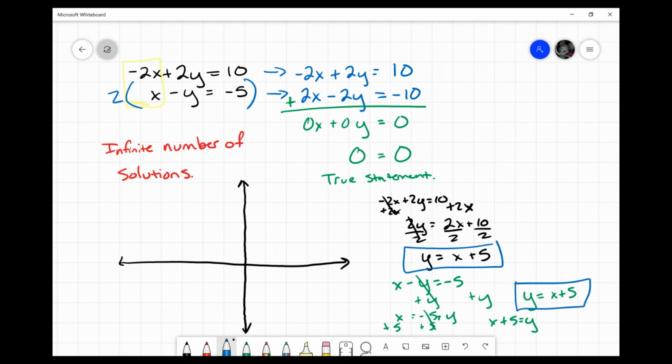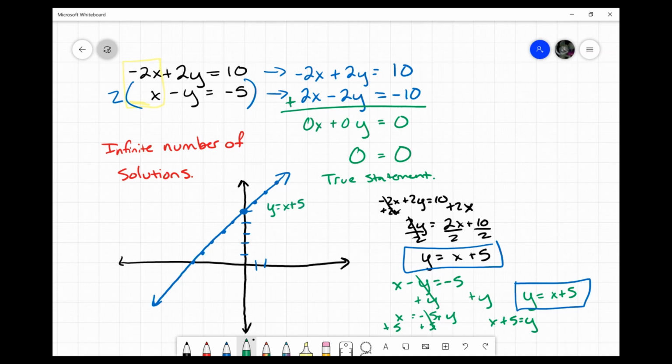So already you may notice that they end up giving us the exact same equation. We are up here at 5, and you're going up 1 over 1 each time. That represents y is equal to x plus 5. So these two equations looked different, but when we rearranged them, we find that they in fact give us the exact same line.